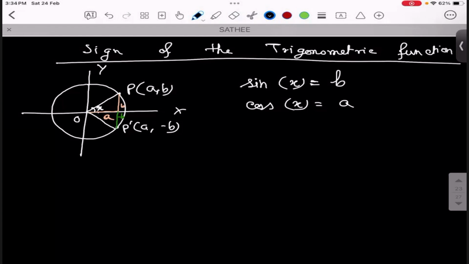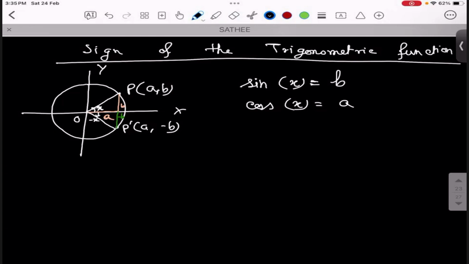What about this angle? Whenever we go along the anti-clockwise direction, it is positive, so this must be negative. So this should be minus x. Why? Because we are going in the negative, clockwise direction. We have started from the OX axis and arrived at the point OP dash, and since the rotation is clockwise, we take the negative side.